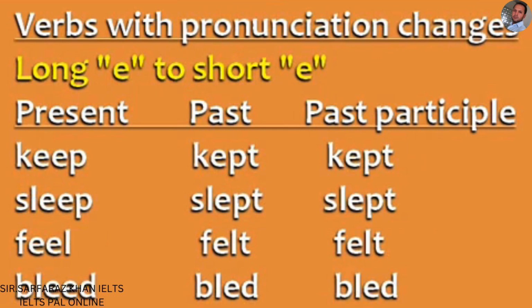Another group of irregular verbs is verbs with pronunciation changes. For example, long e to short e. Keep, kept, kept. Sleep, slept, slept. Feel, felt, felt.